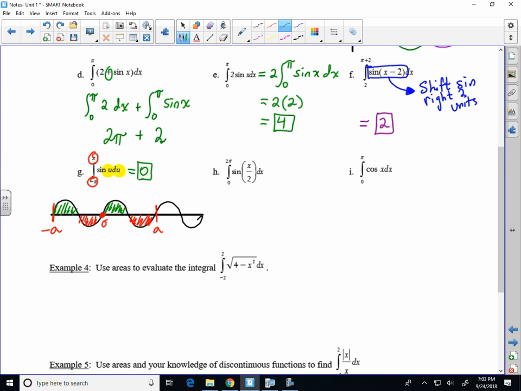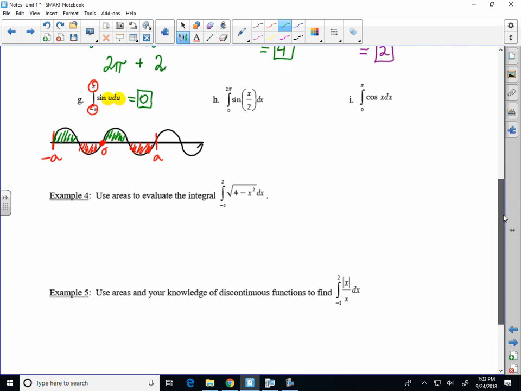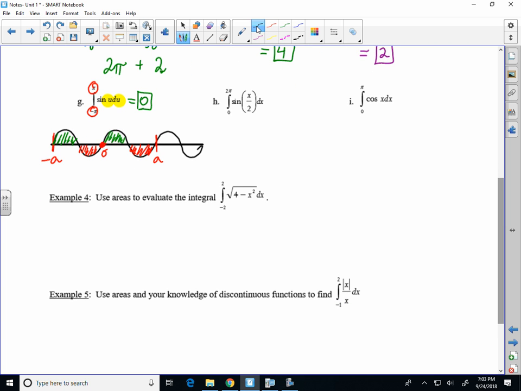For h, again, something you can do on the calculator. But, assuming you don't want to, you'd look at what this graph is really talking about. Sine, I'll write it as 1/2 x. This is telling me that I'm only going to get 1/2 of a sine wave in the 2 pi interval.